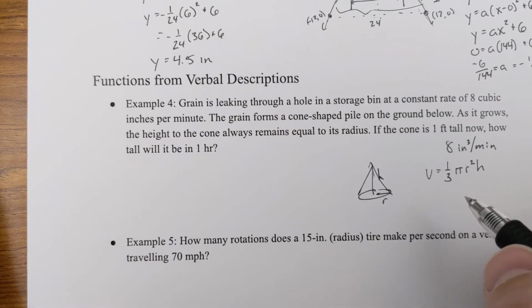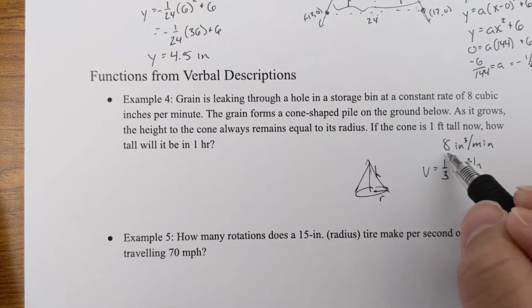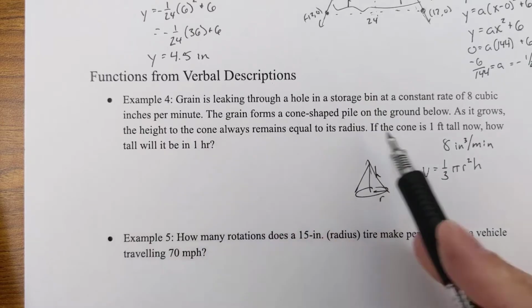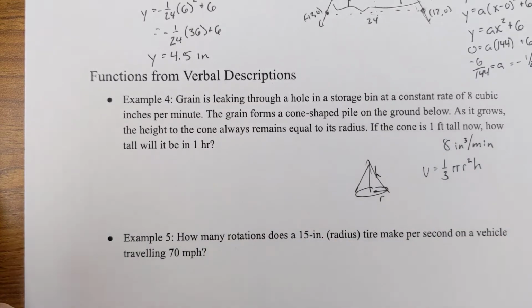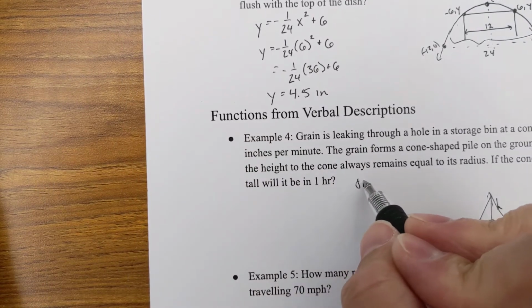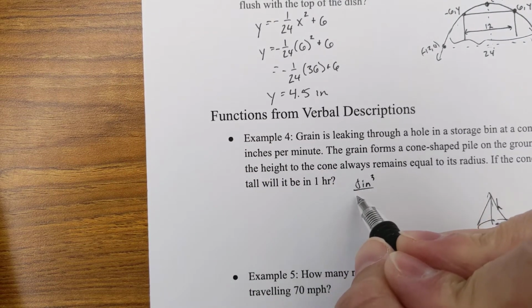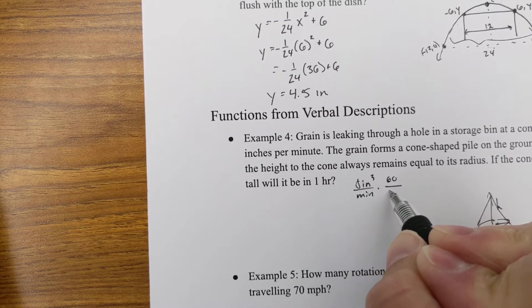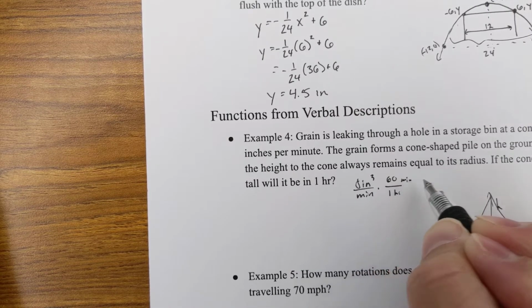Sorry, I had to think about it. So I get 8 cubic inches per minute. I need to convert that into cubic feet per hour because I'm measuring my time in hours and my cone is 1 foot tall. So 8 cubic inches per minute. There are 60 minutes in 1 hour. This is some unit conversion.